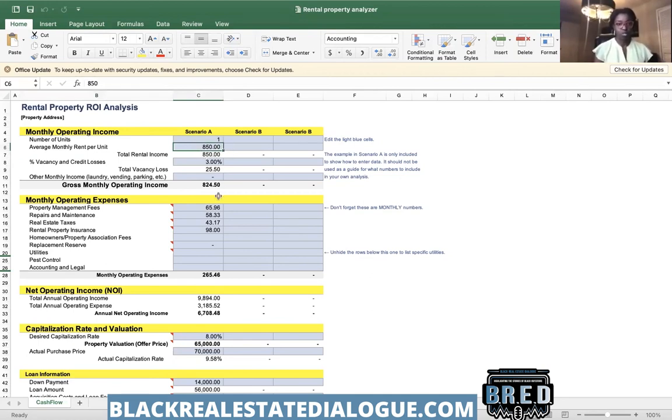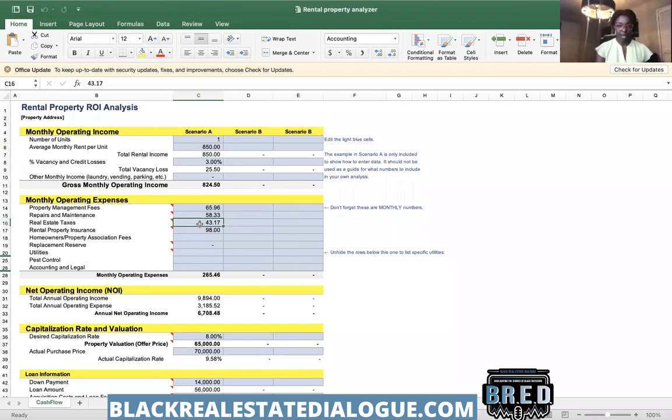So that's what this calculation is based on. Repairs and maintenance. Again, I usually do 3% of my rent, right? That is allocated to repairs. You can do less if you have a house that is relatively new. You're not going to have as many repairs, so you can just put 1%.